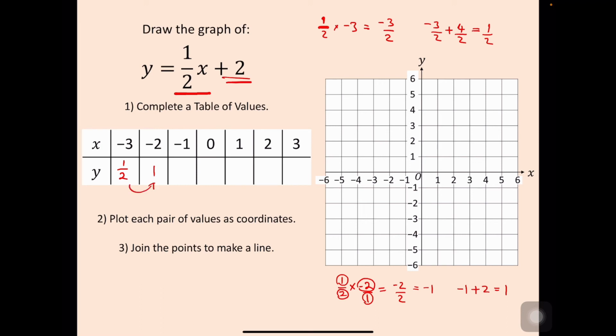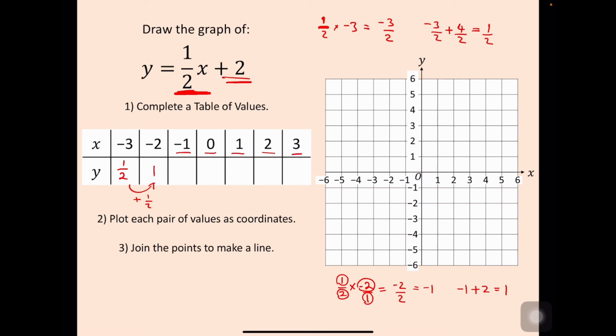What are we going up by each time here? Well, we're adding a half. So we start with a half, we add a half to get 1. And again, that makes sense because the x coefficient is a half. So we need to be adding a half each time. You could substitute these values into this equation to work out the rest of the values in the table.